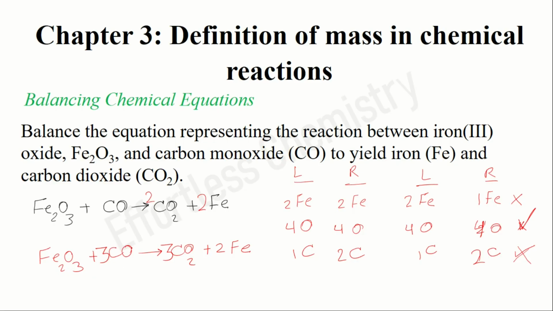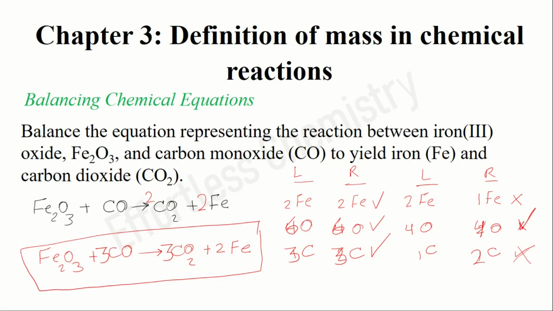Oxygen, how many? 6 here, and here 6. While carbon, 3 on the left side and 3 on the right side. So all the atoms are balanced, and the final equation is also balanced.